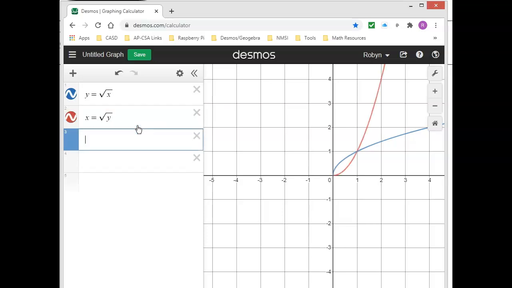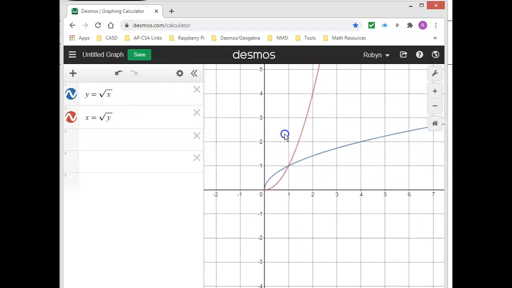So now I have my original function, the blue here, which passes the vertical line test, and my red, its inverse, also passes the vertical line test. So this equation, y equals the square root of x, is a one-to-one function because both the original and its inverse are functions. They both pass the vertical line test.